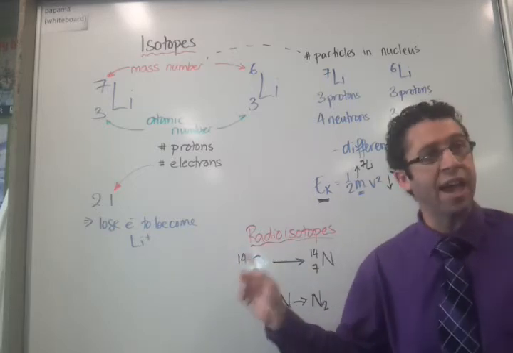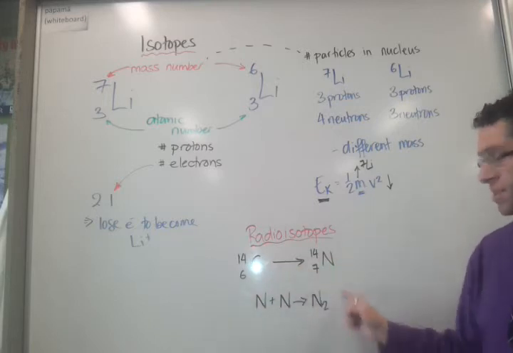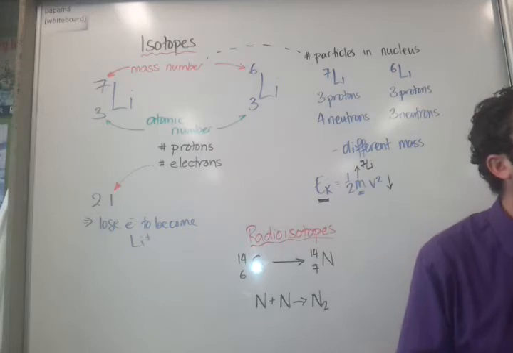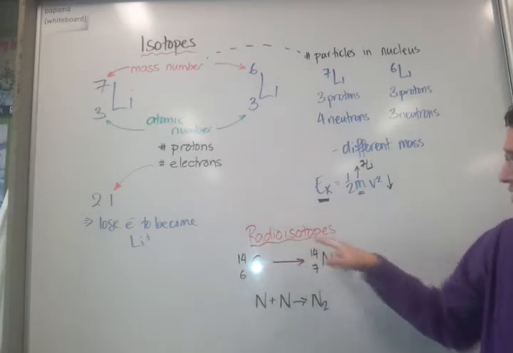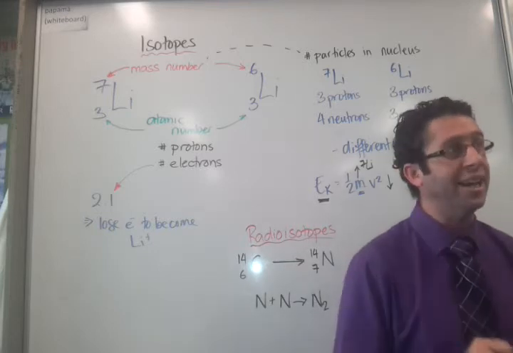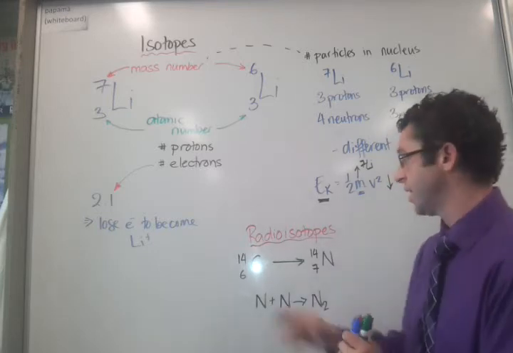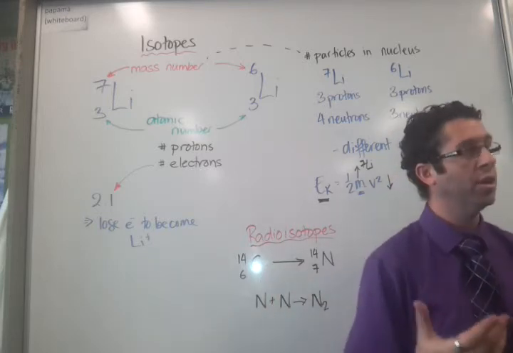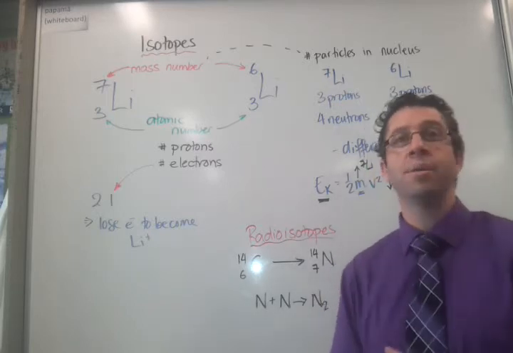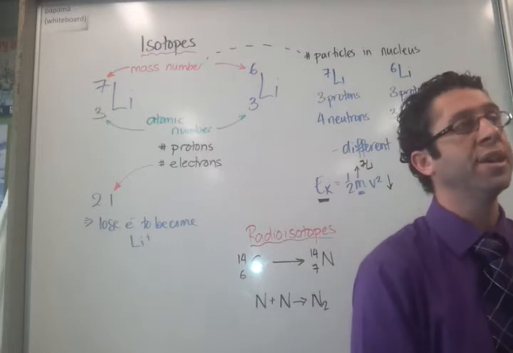So eventually the carbon-14 disappears as nitrogen gas. It just evaporates, basically. After this decomposition, it disappears. So the longer you've been dead, the less carbon-14 you've got in your body. And so we can use this idea to estimate how old something is.